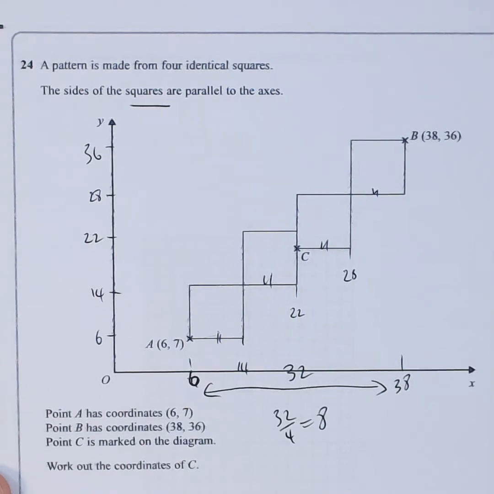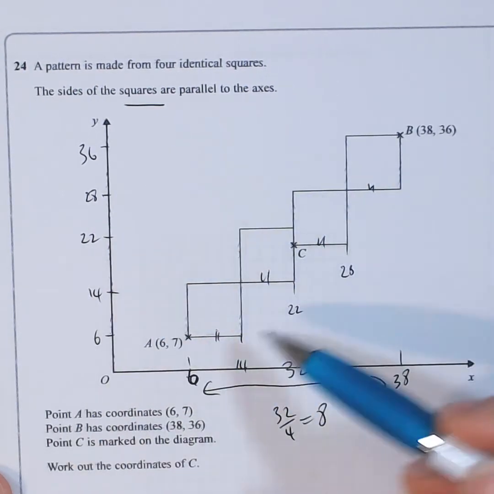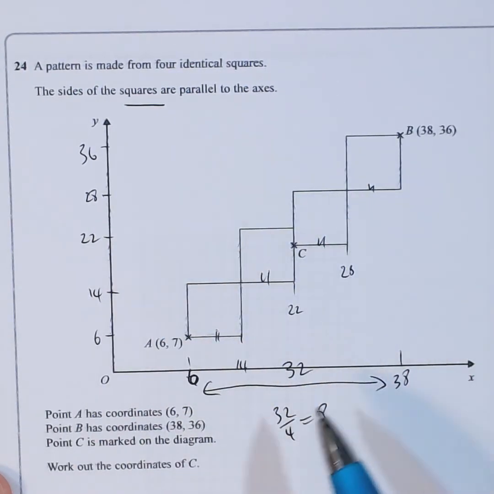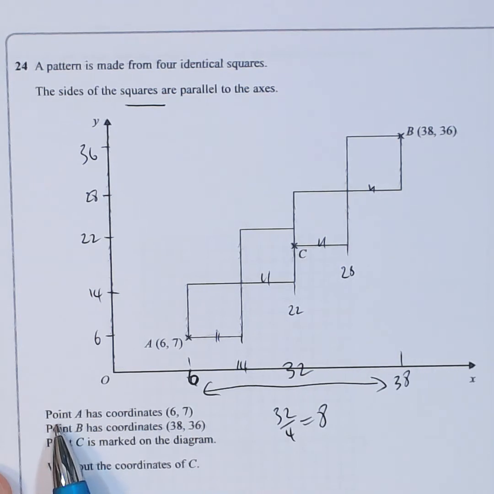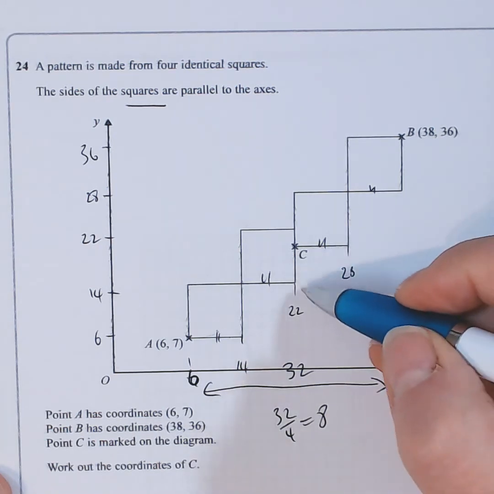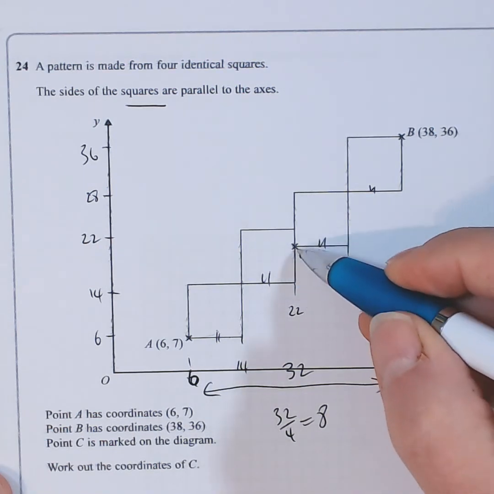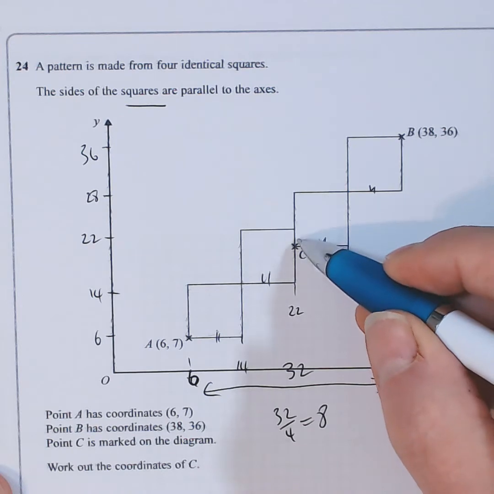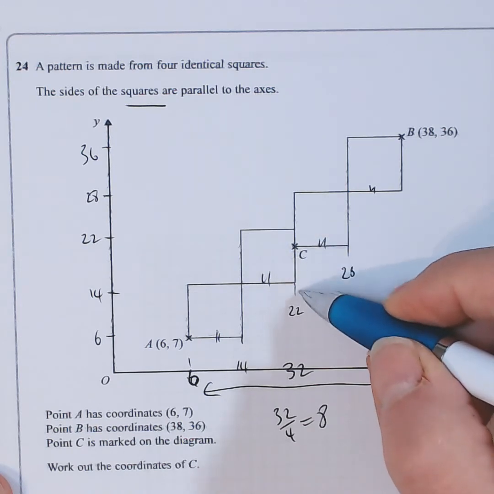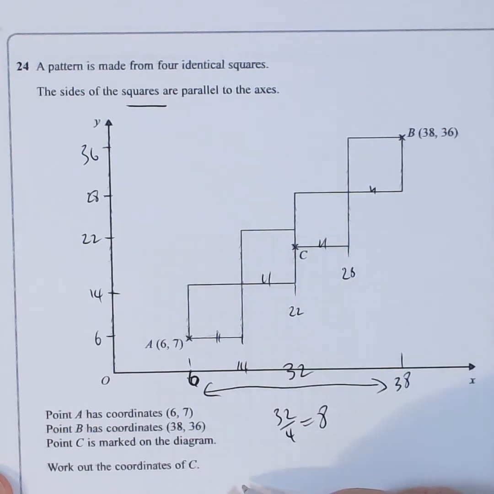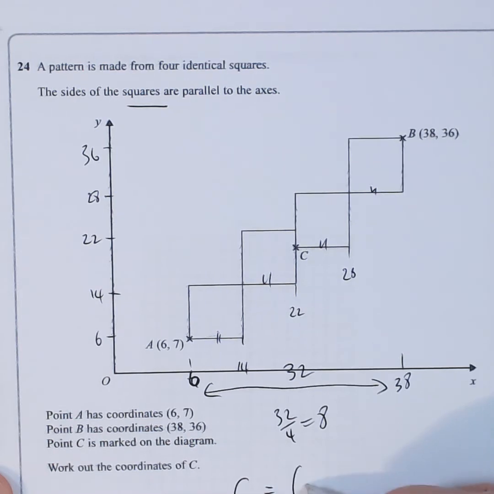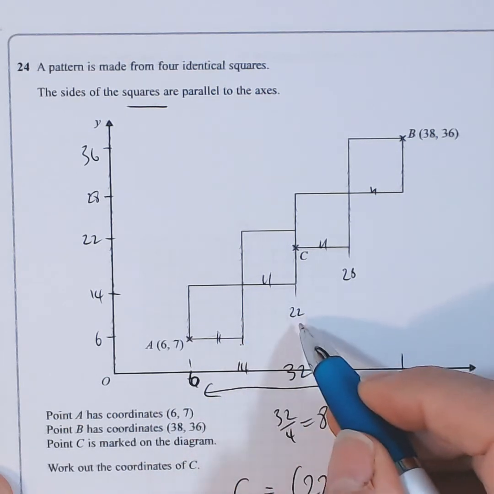So we've worked out the coordinates of the diagram, and it says point A has coordinates, point C, work out the coordinates of C. Okay, so we can see that the x coordinate of C will be 22, because we went across from 6 adding 8, 6 to 14 to 22.